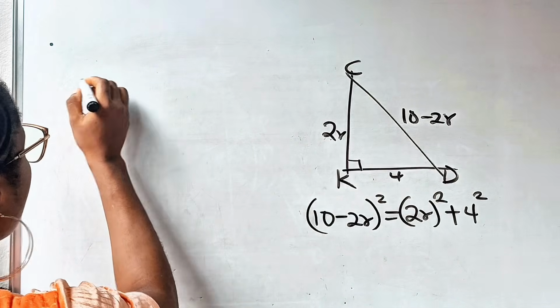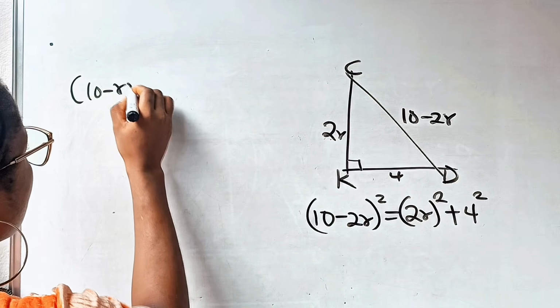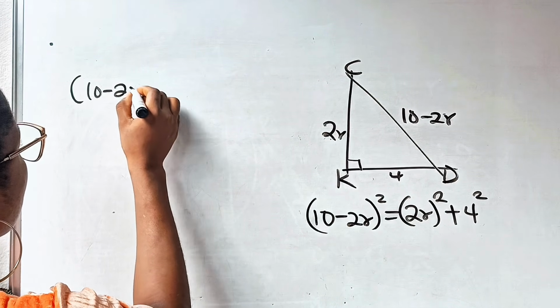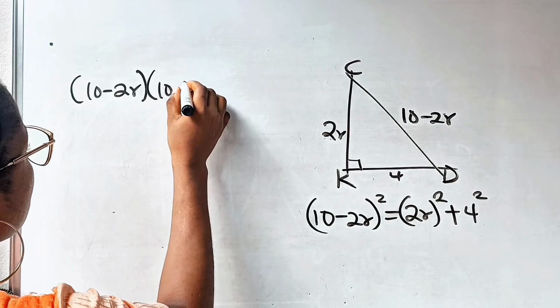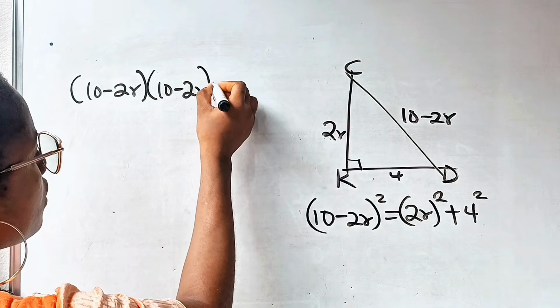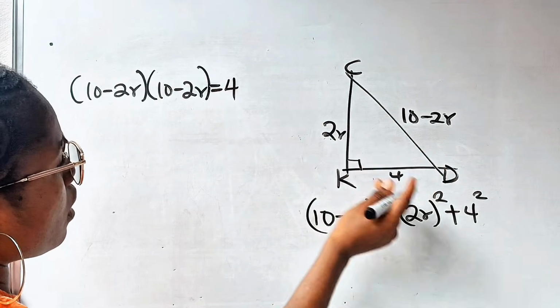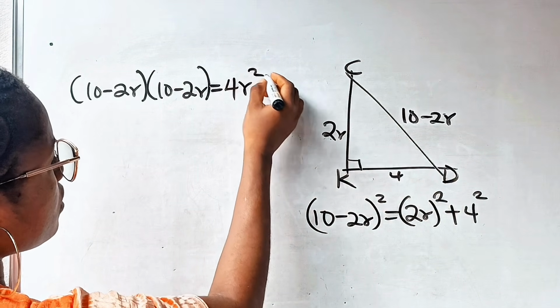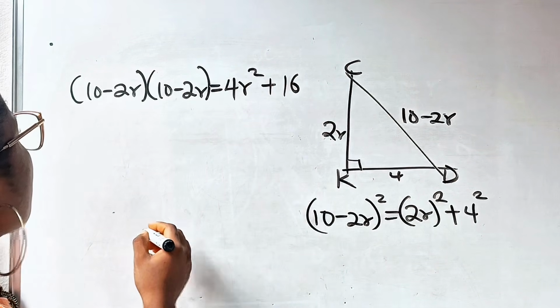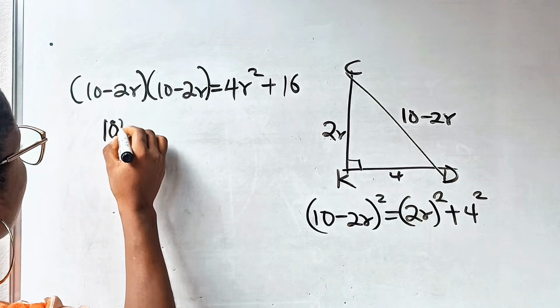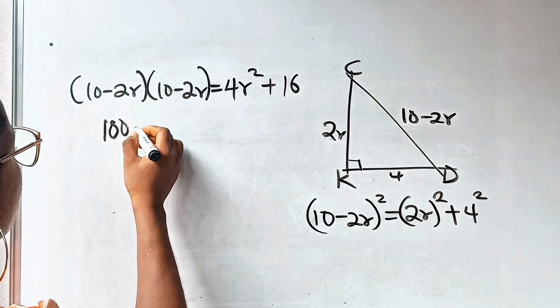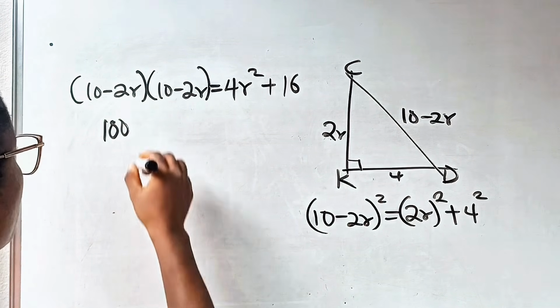So from here we have 10 minus 2R multiplied by 10 minus 2R is equal to 2 squared is 4, R squared plus 16. So 10 times 10 is 100. 10 times minus 2R is minus 20R.